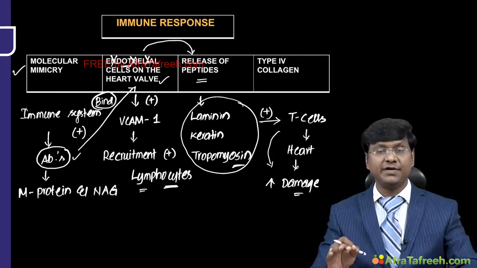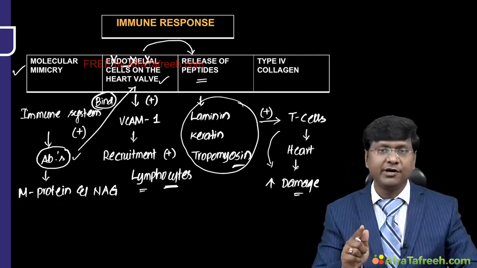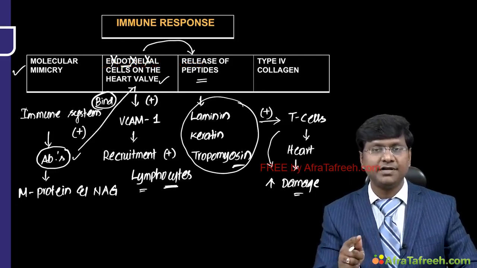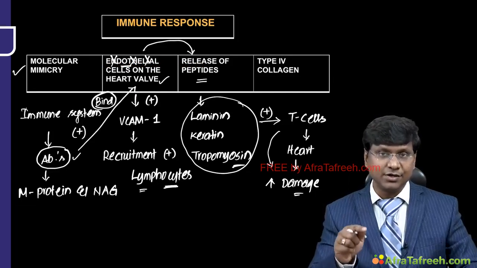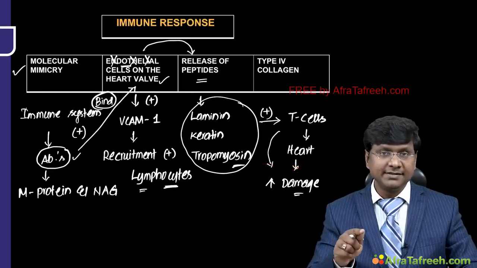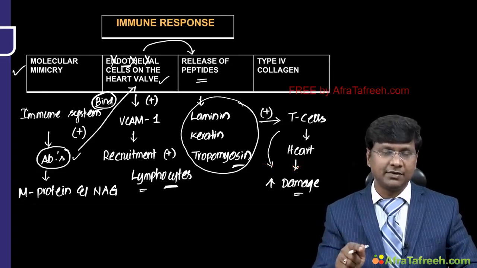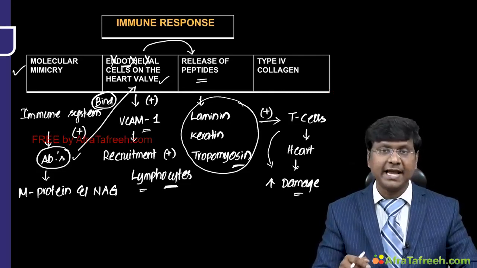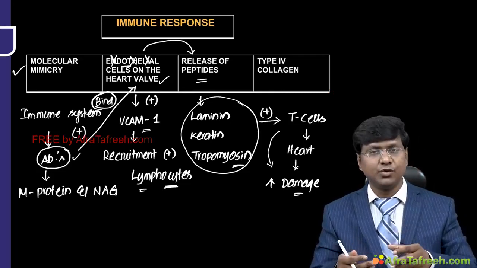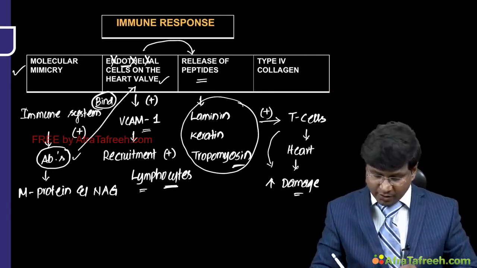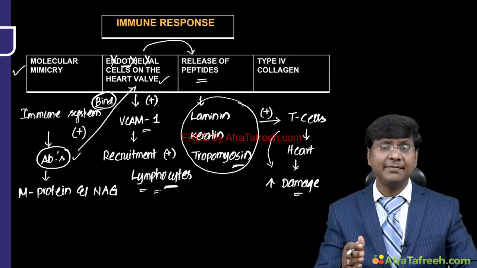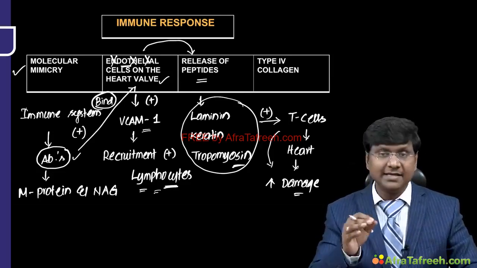So this will be the sequence of events that will happen. Very important is molecular mimicry. That is, the antibodies formed against the M protein and N-acetylglucosamine structure of group A beta hemolytic streptococci cross react with the endothelial cells of the heart valves. Once they bind, there is activation of the adhesion molecule VCAM1, which causes recruitment of lymphocytes, and these lymphocytes cause damage of the endothelial cells by the complement.